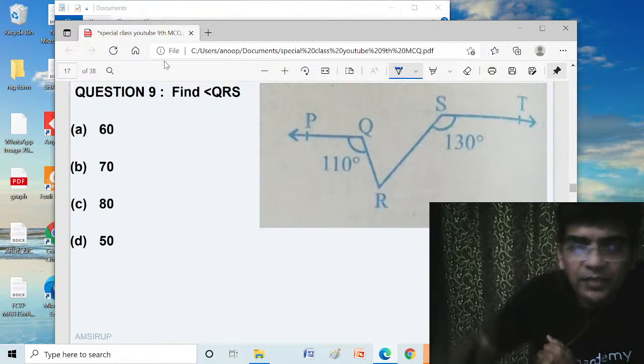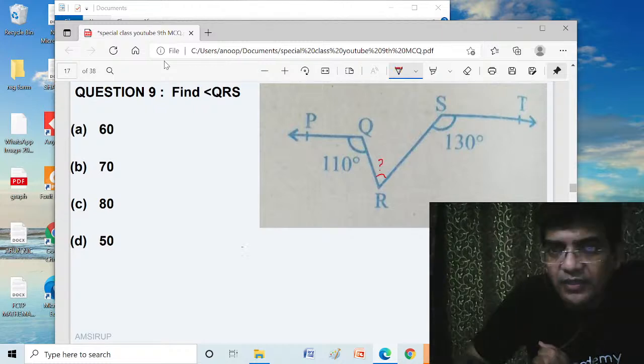Coming to question number 9, find angle QRS. You have to find this angle QRS, this angle. So let's see how we will find this angle.